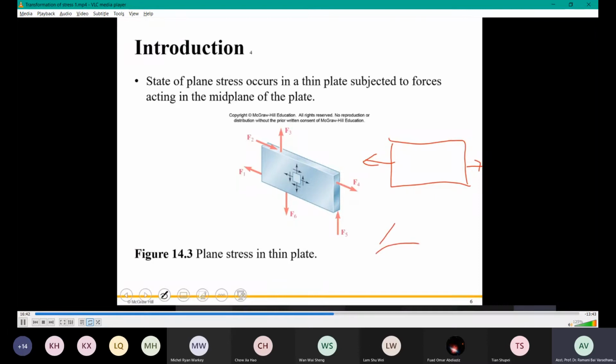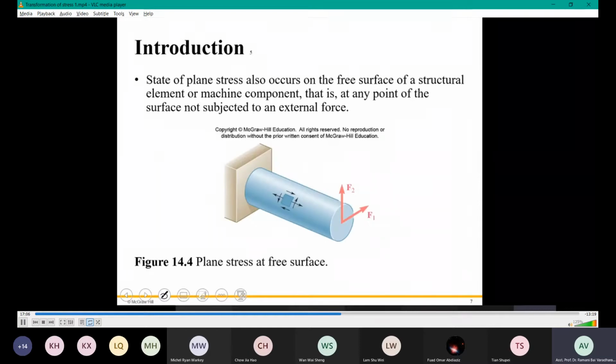On the other hand, if the member is inclined like this and is subjected to loading like this, it will have shear. Okay, this you already studied, right? So the same meaning: if the member is subjected to axial loading, then it will have only plane stresses. It will not have shear stresses. That is the meaning of this slide.